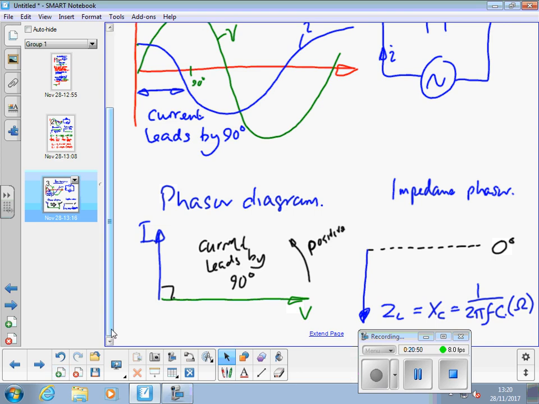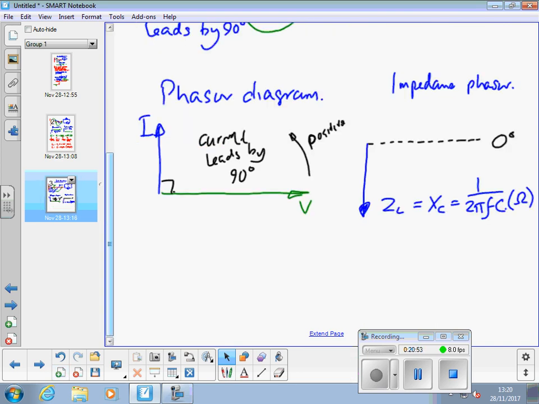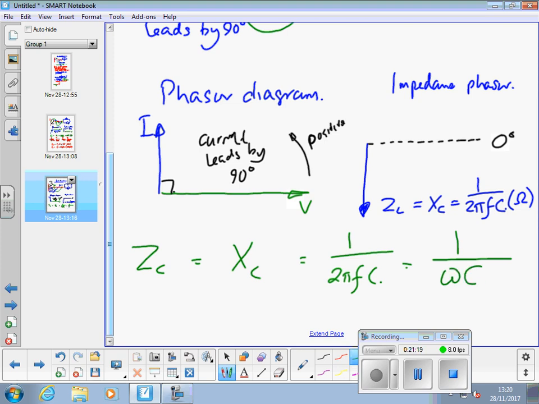So the impedance of the capacitor is equal to the capacitive reactance, which you can calculate from 1 over 2 pi FC, or indeed 1 over omega C. So to complete that like we did on the other page, ZC is equal to XC is equal to 1 over 2 pi FC is equal to 1 over omega C ohms.